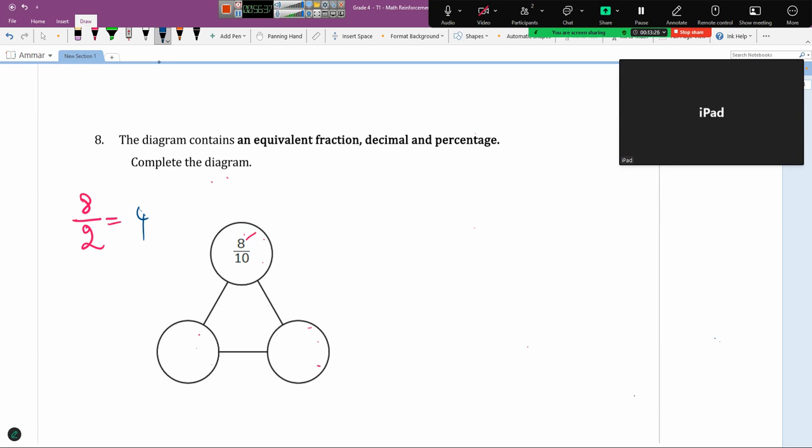You can use your screen to annotate if you want to write anything. There is an annotation option on Zoom, a pen icon. Can you see the pen icon on your device? Just click on that, and you can take the pen and write on the screen if you want to explain.